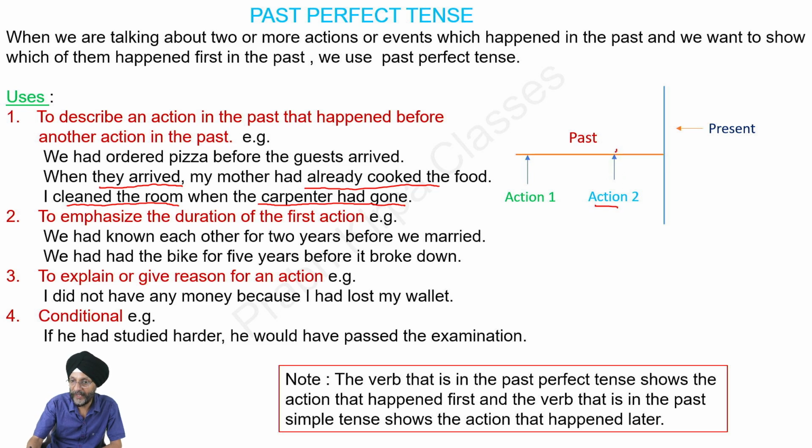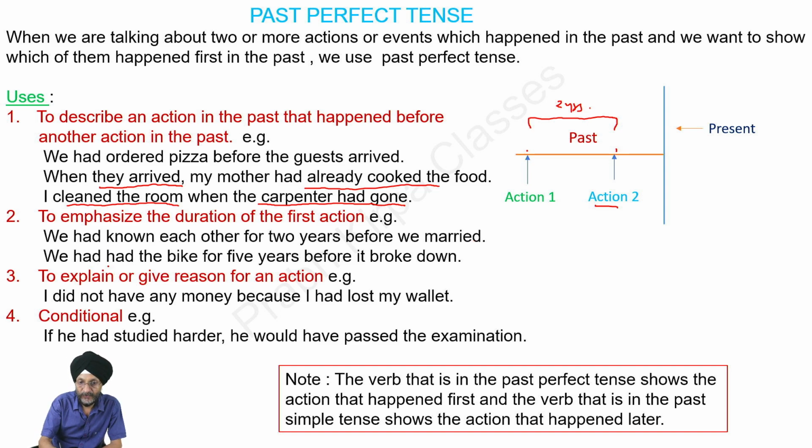Suppose we started knowing each other from this point and we knew each other for 2 years and then we got married. So the duration of the first action has to be in the form of past perfect tense and the action of marriage has to be in past simple form.